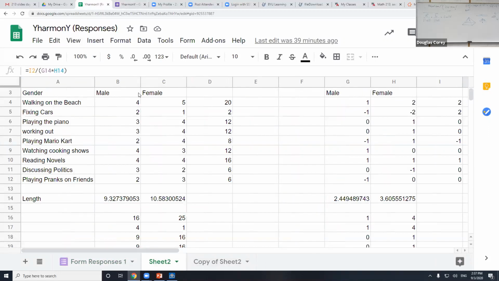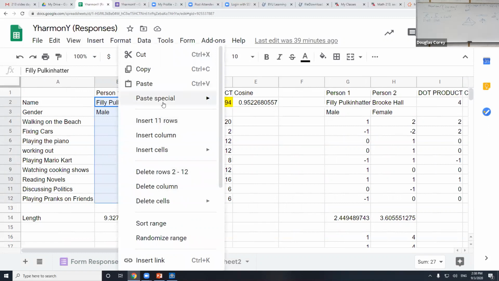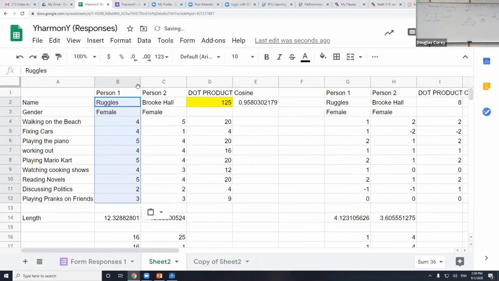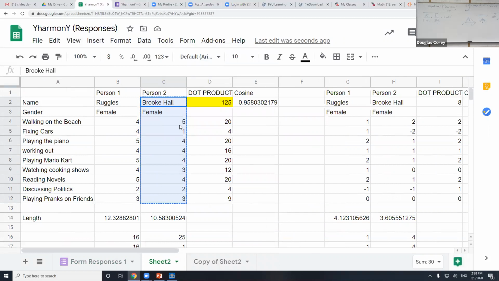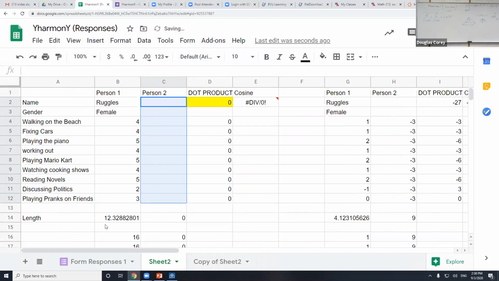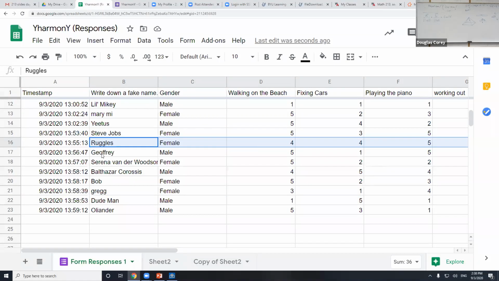Okay, so I already set this up so we could do some math with it. So let's get rid of Brooke. That was from another class. Oh, I just want to delete it. There we go. Okay, so Connor, who is your avatar?